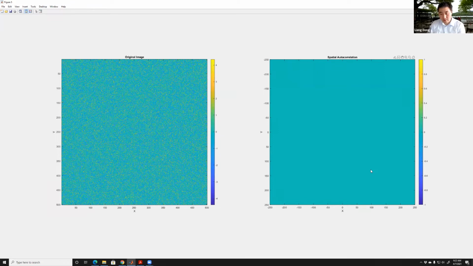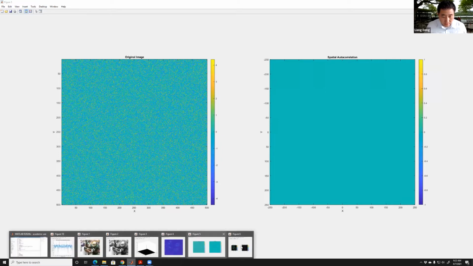The only peak exists at 0, 0. It's very light, but you can see this is at 0, 0. It's a very light yellow, which means it's very high. And all the others are close to 0, so you're using the green color here. Of course, you can try a 3D plot. If you do the surface, you will see one spike at the origin, 0, 0.